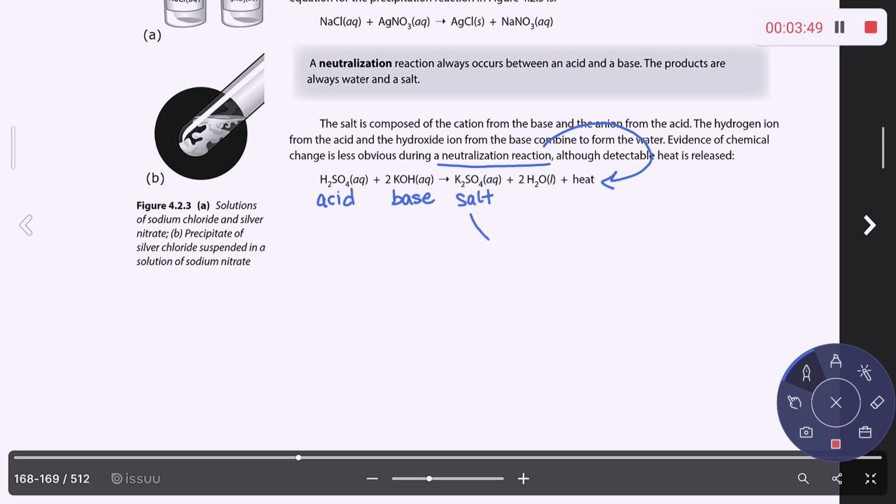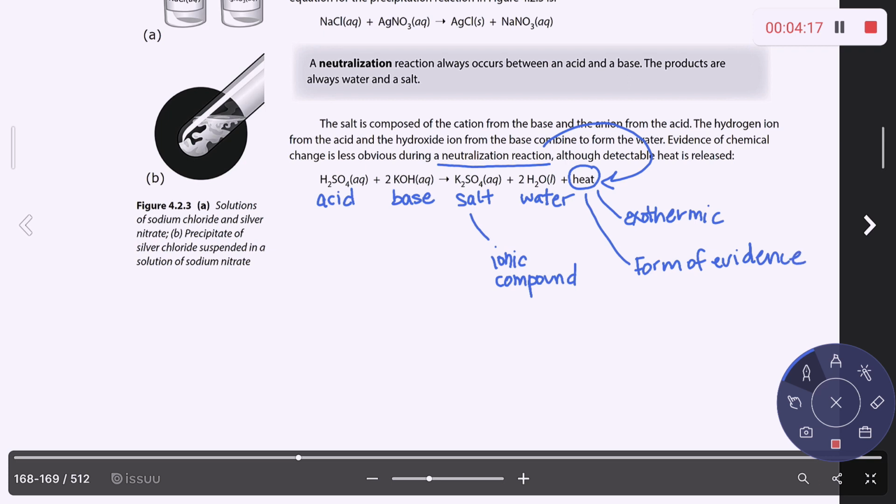Remember, salts are ionic compounds. We talked about this in chapter 2, and water. And they put heat as a product to emphasize the fact that neutralization reactions produce a detectable amount of heat. Okay, so that means they are exothermic since heat is being released. And this is also your form of evidence that a chemical reaction occurs.